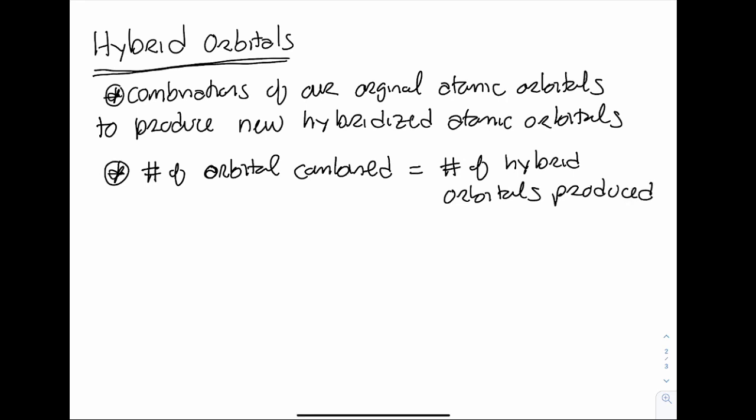Again, if I combine 3 things, I'm going to get 3 things out. We combine our original orbitals and produce new hybridized orbitals. The number we combine is the number we produce.